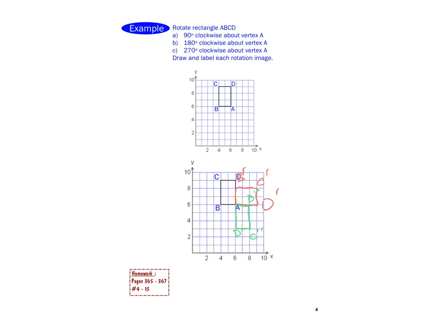And then if we rotate it once more, look at this. And this right here is B triple prime.